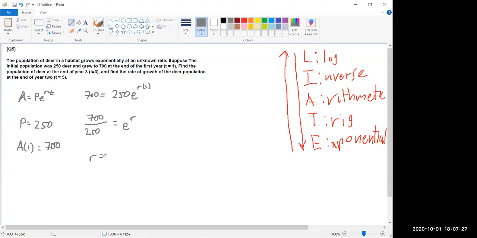So r is natural log of 700 over 250. Okay. Approximately 1.03.